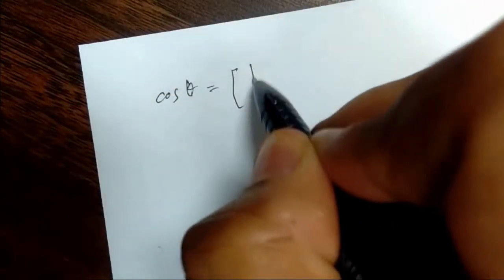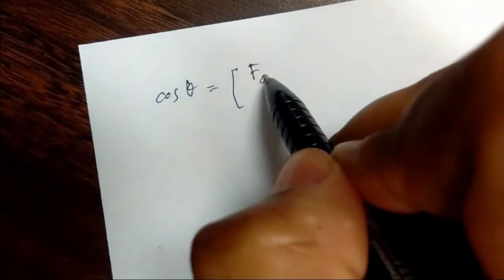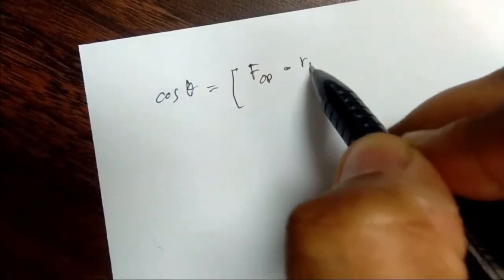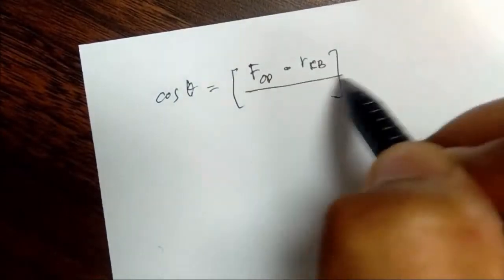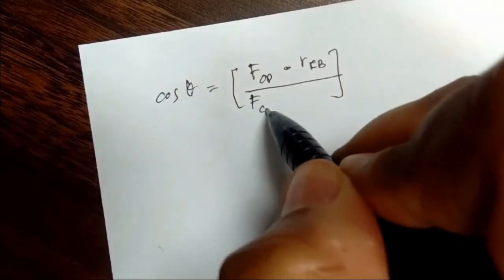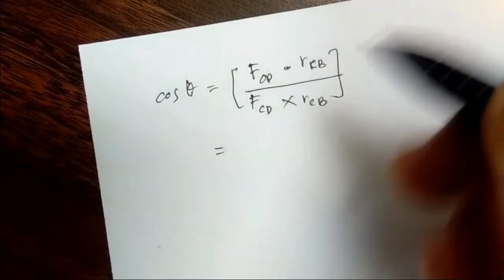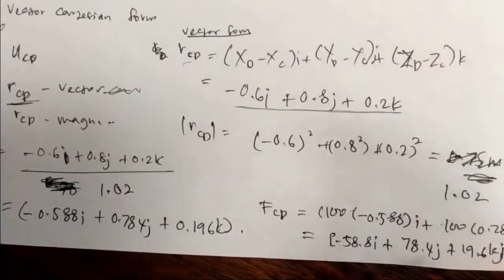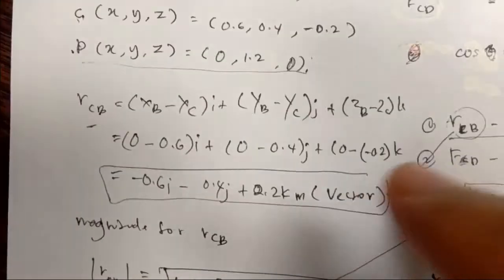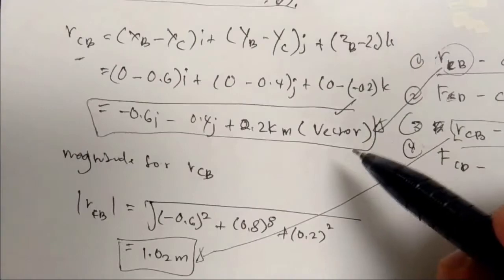Let's write it right. Theta: FCD dot product with RCB. So just substitute your FCD here and RCB. Where is your RCB? This is your RCB.